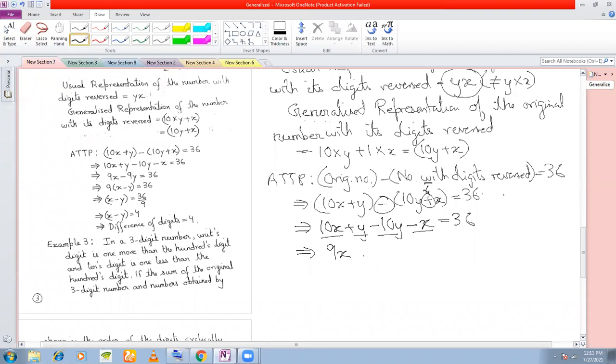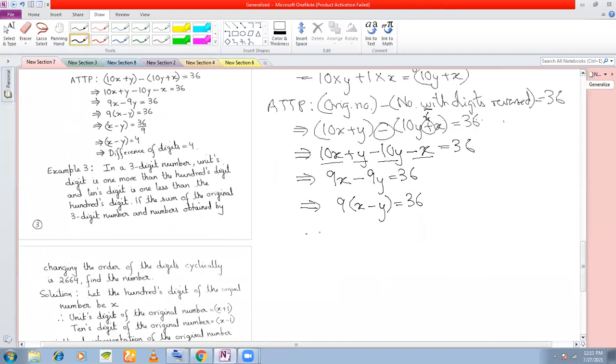Plus y minus 10y will give you minus 9y, is equal to 36. So you can take 9 common: 9 times (x minus y) is equal to 36. That means x minus y is 36 divided by 9. Cancel this, you'll get 4. So that is your answer.